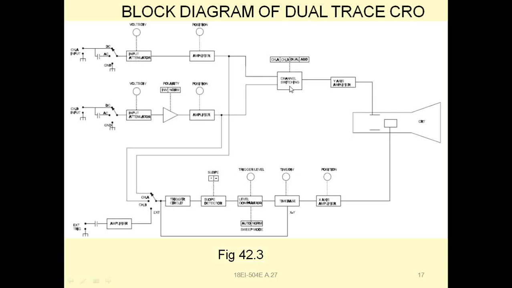When the channel selector switch is in channel B position, then the trigger selector circuit connects the channel B amplifier output as input to the trigger circuit. Apart from this, an external input also can be used as trigger input by connecting the switch to this external position.